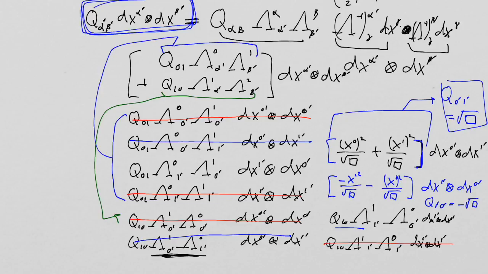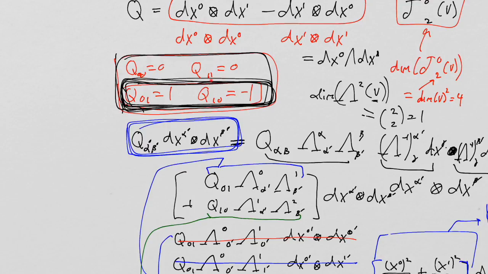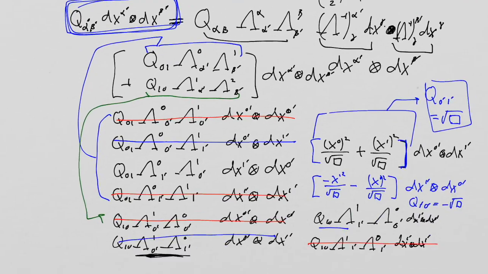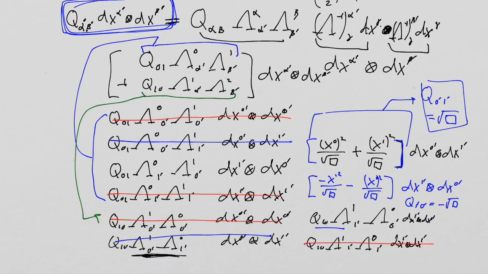If this was not an anti-symmetric tensor, this cancellation would not have happened, and a 0, 0 component would have appeared where there was none before. There was no 0, 0 component in the unprimed system, but the only reason there's no 0, 0 component in the primed system is because of this very precise cancellation between these two.